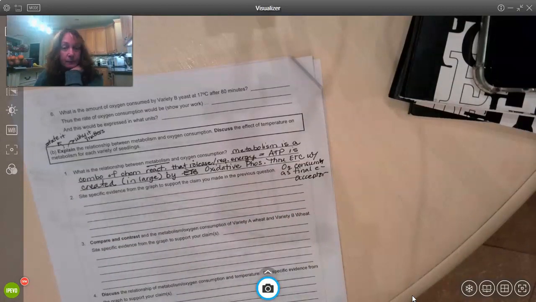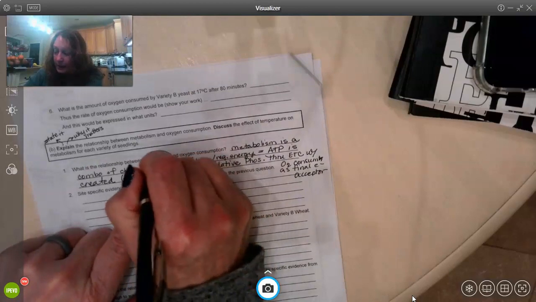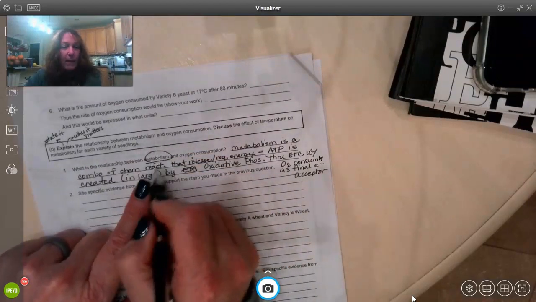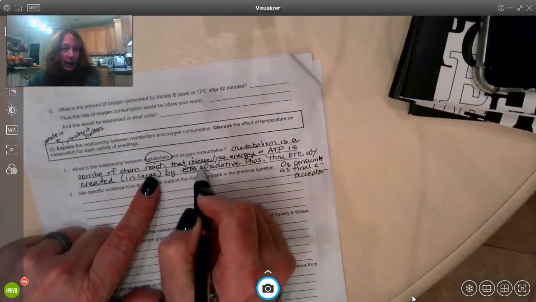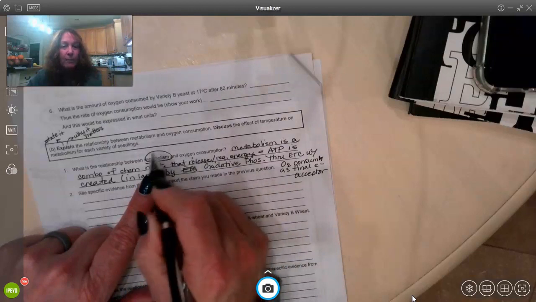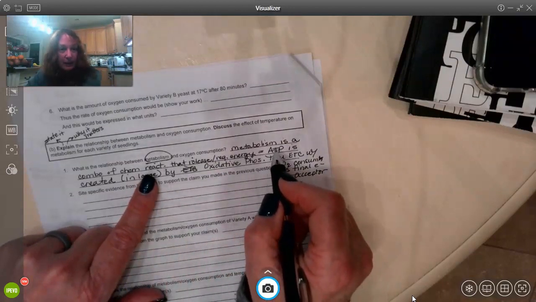Okay? So they're wanting you to understand metabolism is energy management in the cell. It's managing all the reactions. Some reactions require and some reactions release energy, and we manage that through the currency of ATP.